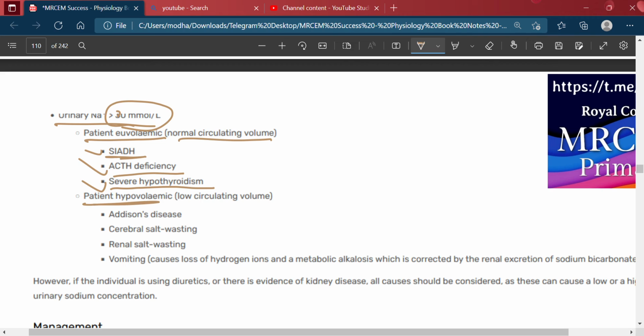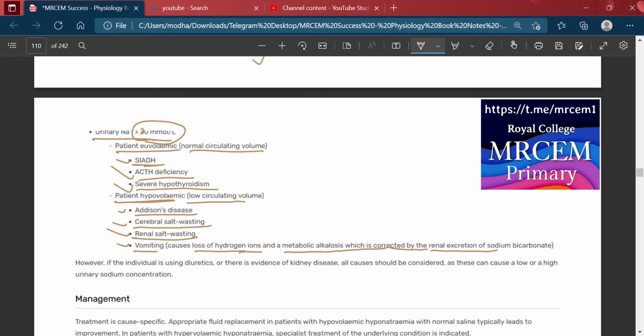Then the patient may be hypovolemic, with low circulating volume. In that case, with urinary sodium greater than 30, it's seen in Addison's disease, cerebral salt wasting, renal salt wasting, and vomiting. Vomiting causes loss of hydrogen ion and metabolic alkalosis, which is corrected by renal excretion of sodium bicarbonate.